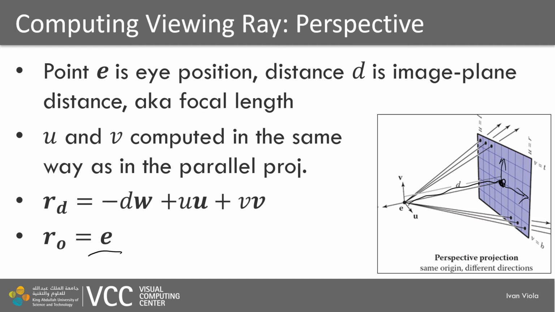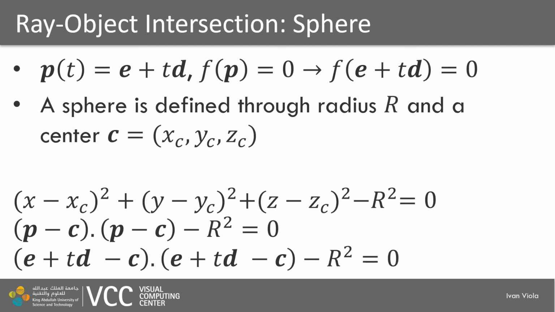So with this, we have ray origin and ray direction, which fully define our ray. And therefore, we can define the parametric equation of a line which defines our rays.